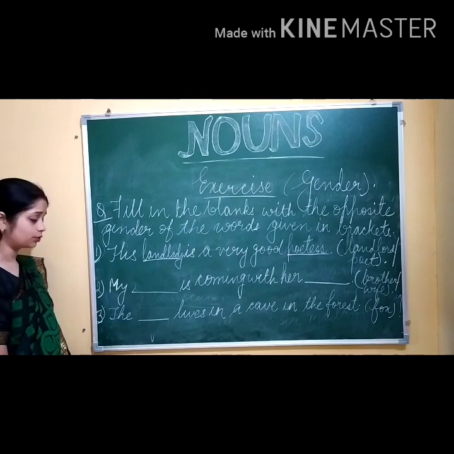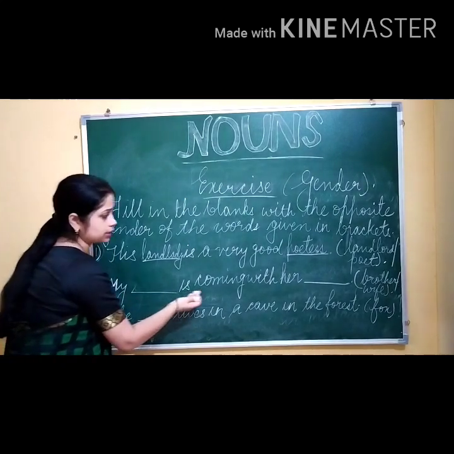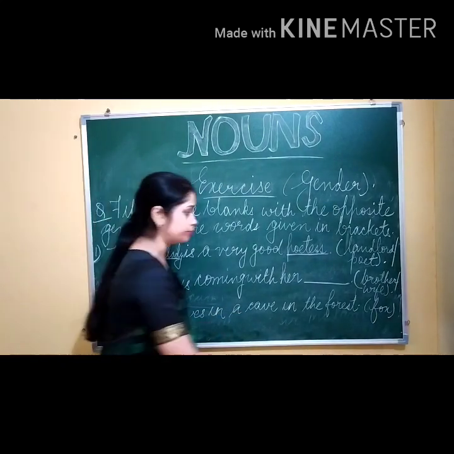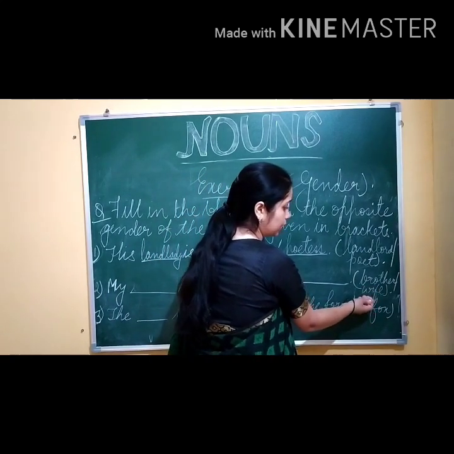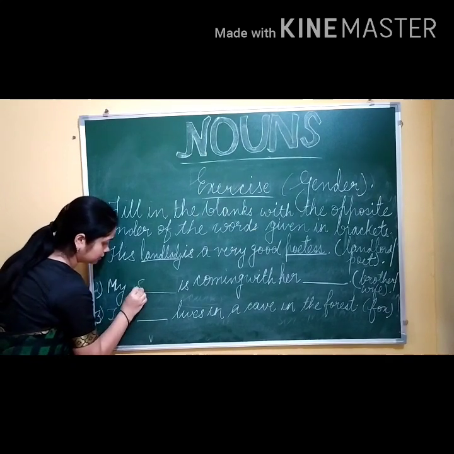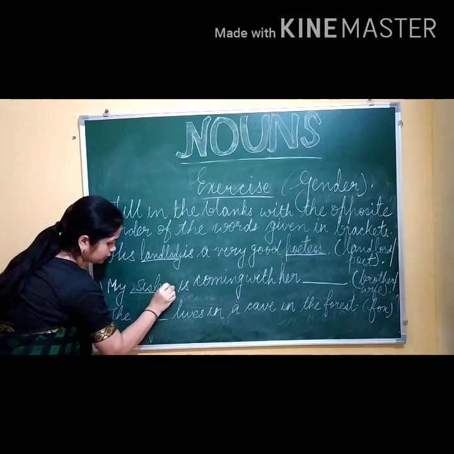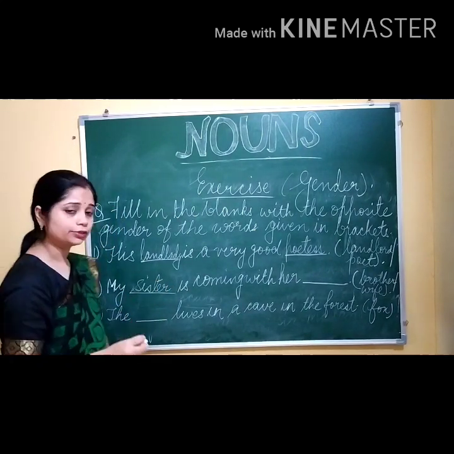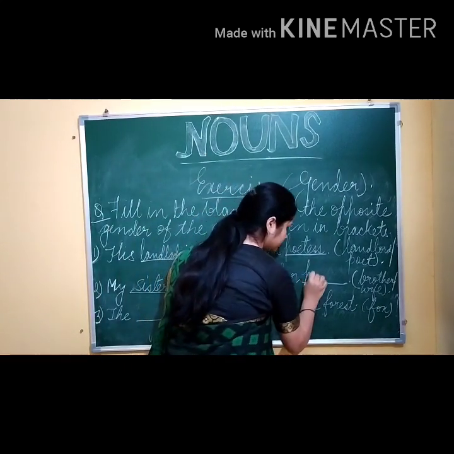Let's take up another question. My dash is coming with her dash. In the bracket, the words are brother and wife. My sister is coming with her husband.